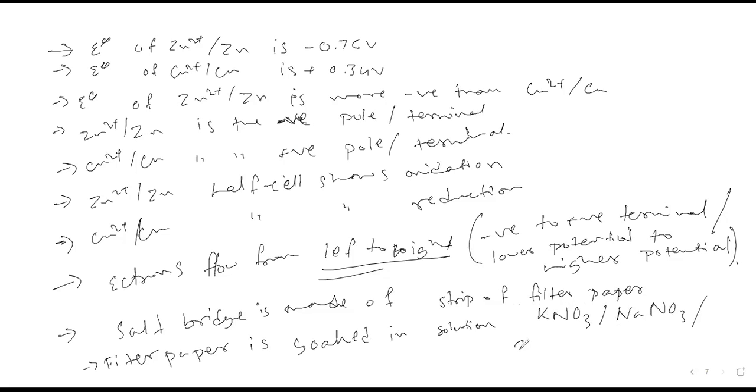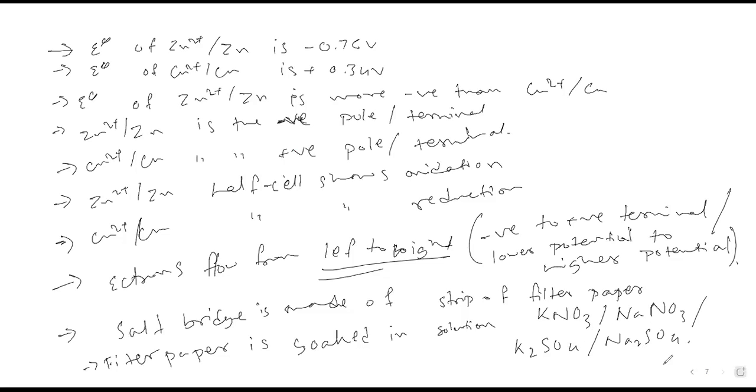Use any one from these four. So if you have learned KNO3 or NaNO3, and in the exam they give you K2SO4 or Na2SO4, don't get confused, because any one of them is fine.